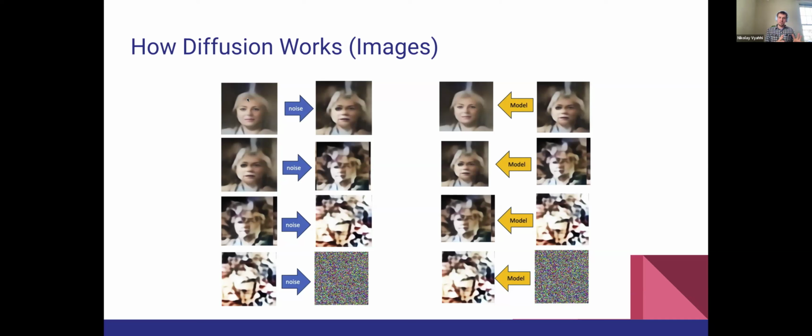If you have a data set of images and you try to train a model to generate similar images, like you scrape the internet and find terabytes, petabytes of images, during the training process you add noise. Given your original image, you add more and more noise during each step, and at the end of this process you have just a noisy image, random noise, and you train your model to actually denoise an image. So from noise and a text prompt, predict what the image should be.